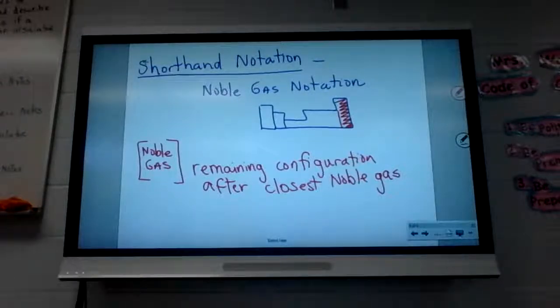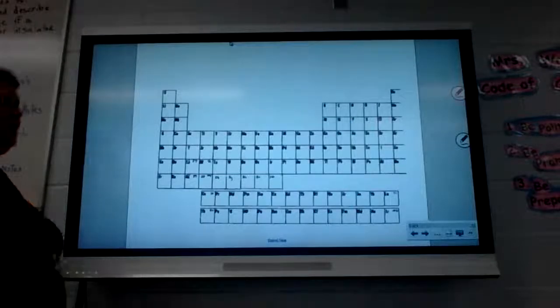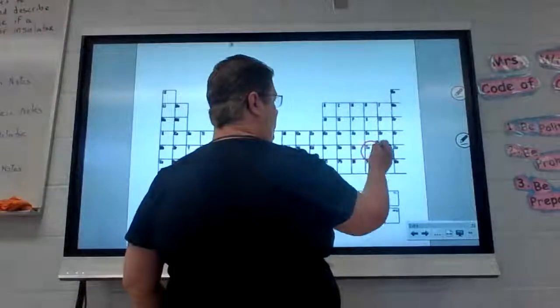Now, we're going to use the two that you just wrote to illustrate the difference. Okay? So the two that we just did were what? TE and CR, right? So looking at the periodic table, does everybody have it? TE is right here.